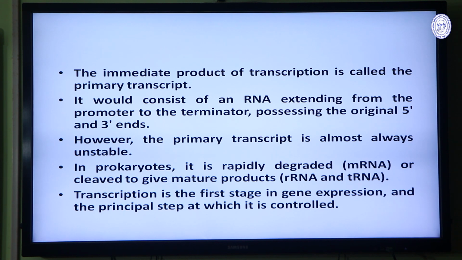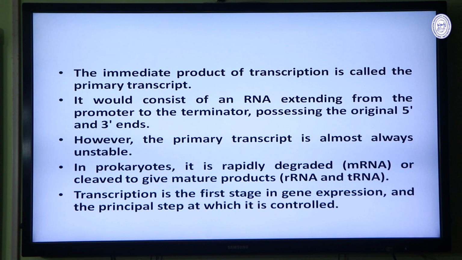But in case of the bacterial system, mainly the messenger RNA, that means the RNA from which the proteins are being produced, they are very much unstable, and for that, in the bacterial or prokaryotic system, the transcription and translation are coupled processes.